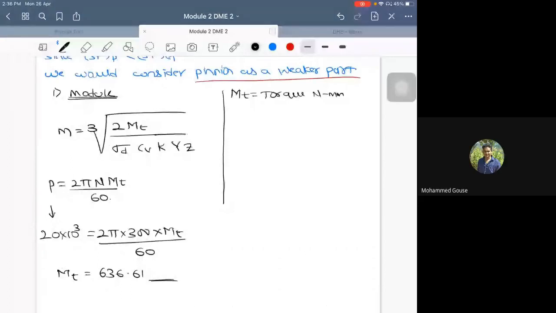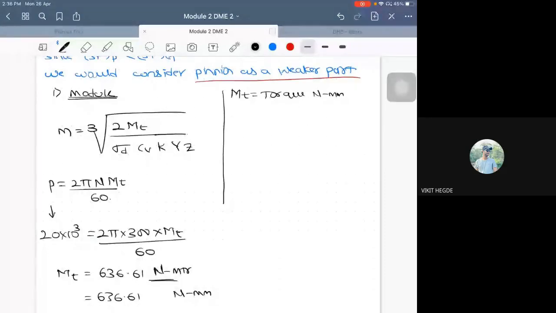Newton mm? Kilonewton? No. It would be in Newton meters, guys. Please do take care. So it would be in Newton meters. What do you have to do to convert it into Newton mm? Multiply by 10 to the power of 3.